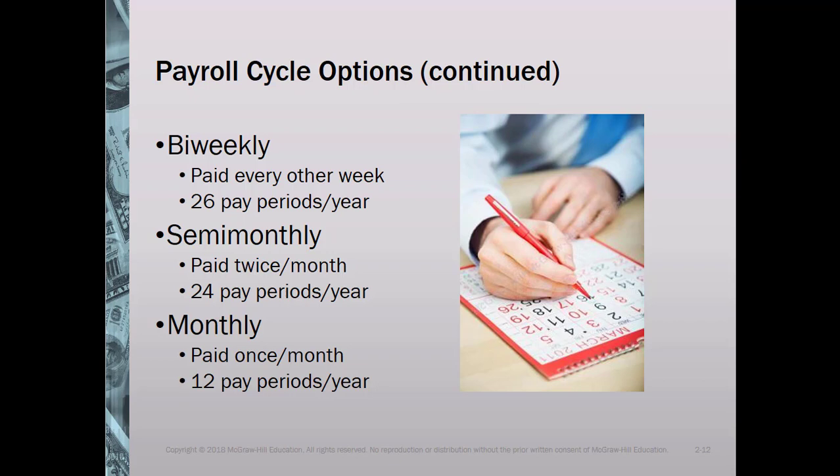And so, for example, the federal government pays on the 1st and the 15th. The great state of Washington pays on the 10th and 25th. Those days don't change unless it's direct deposit, and then they'll shift it. So, if the 25th's on a Saturday, they'll pay on the 24th, the Friday.